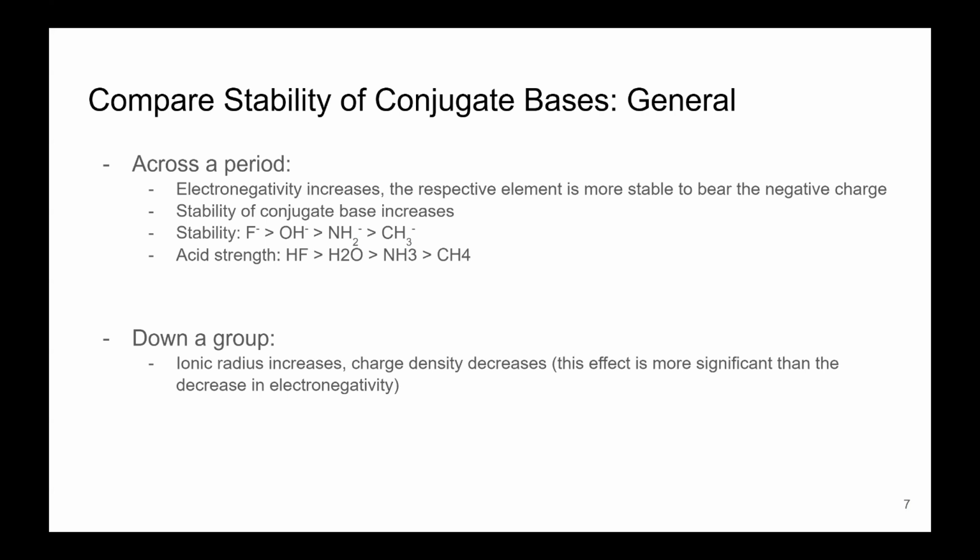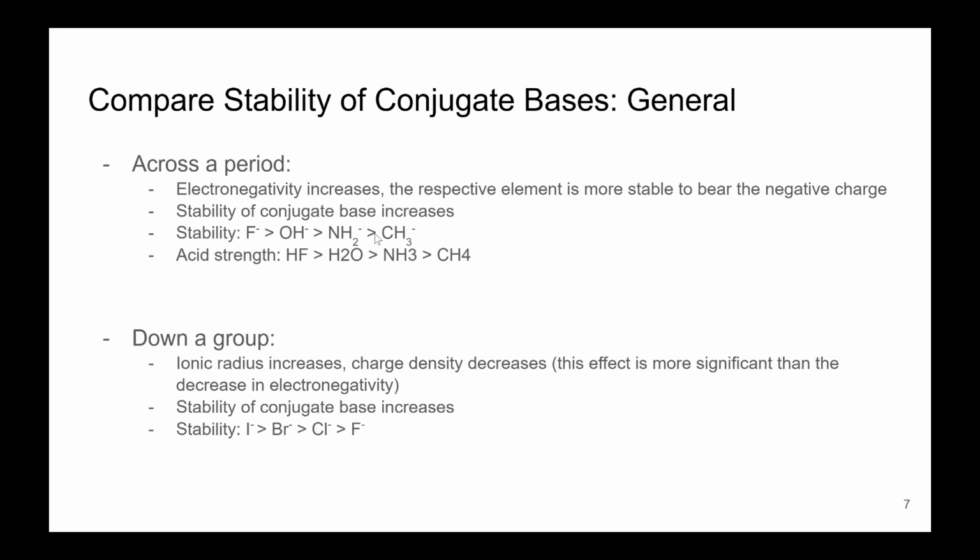Because down the group, your ions or your atoms will get bigger and bigger, and so the charge density, which depends on the size of the ion and also the charge itself, will actually decrease, and this will actually increase the stability of the conjugate base. So this effect is much more significant than a decrease in electronegativity of the elements down the group. Instead, down the group, the ionic radius factor kind of dominates, and the stability of the conjugate base increases.